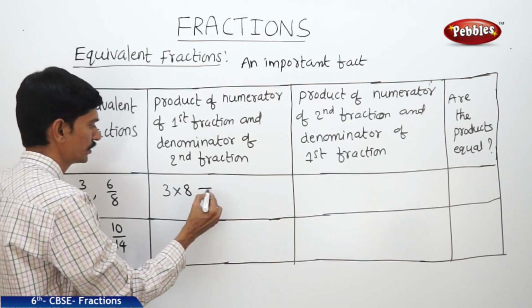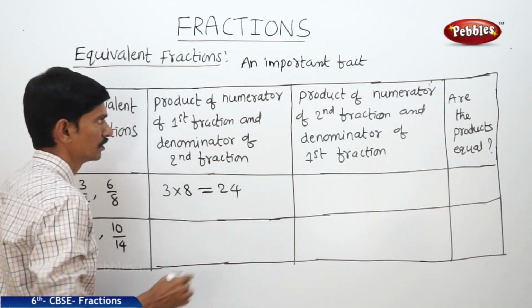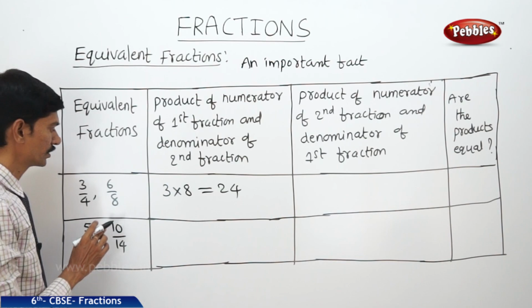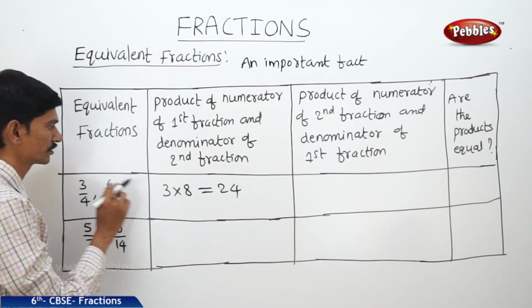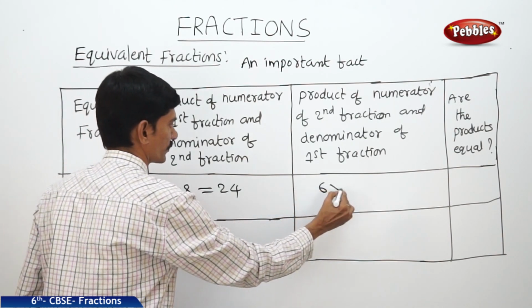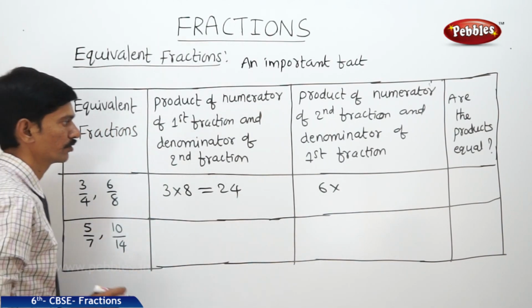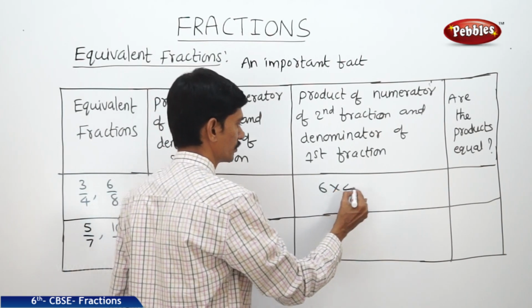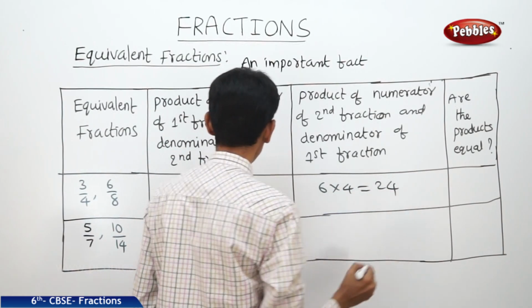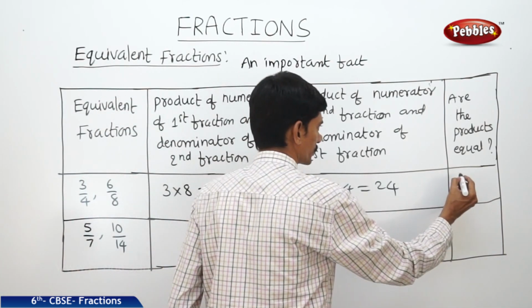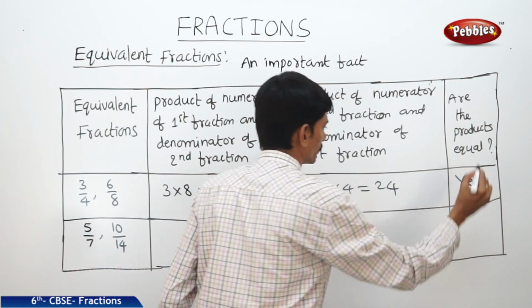So 3 into 8 equals 24. Then in the next column, the product of the numerator of the second fraction, which is 6, into the denominator of the first fraction, that is 4. So 6 into 4 equals 24. So we got the same product in both cases. So for 'are the products equal', we can write yes.